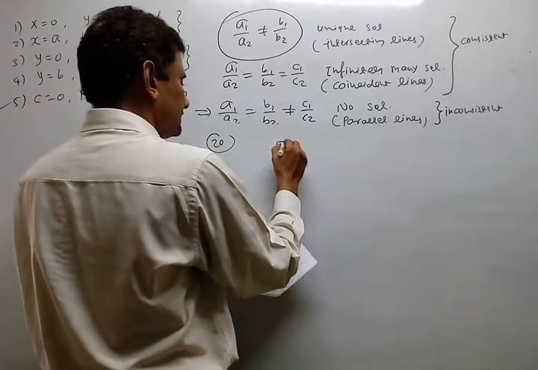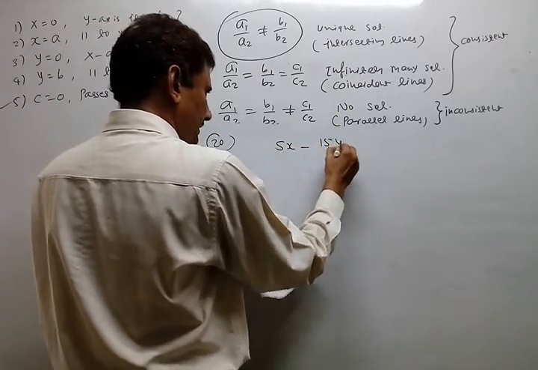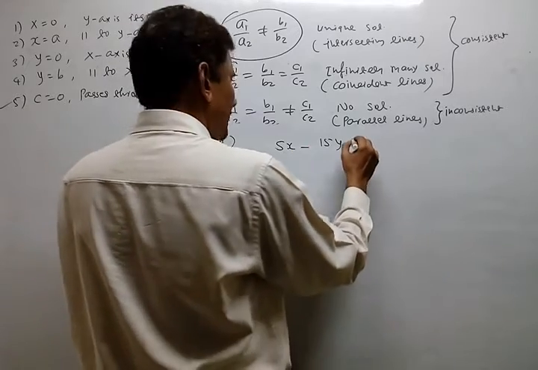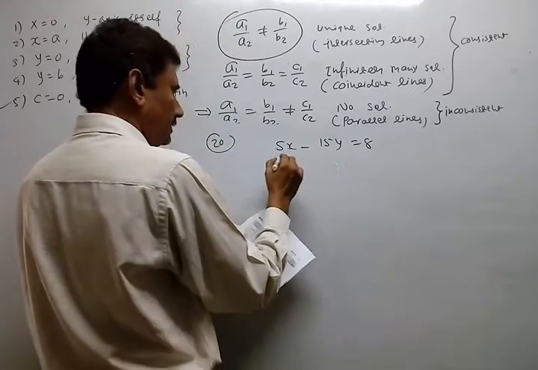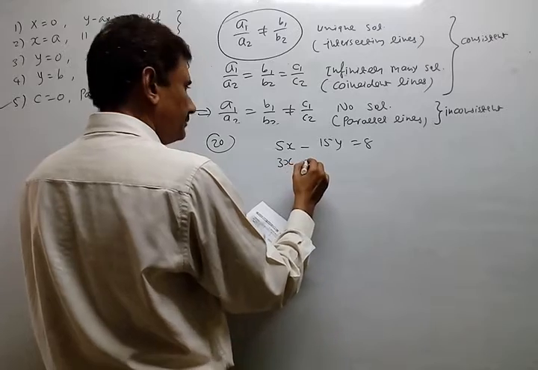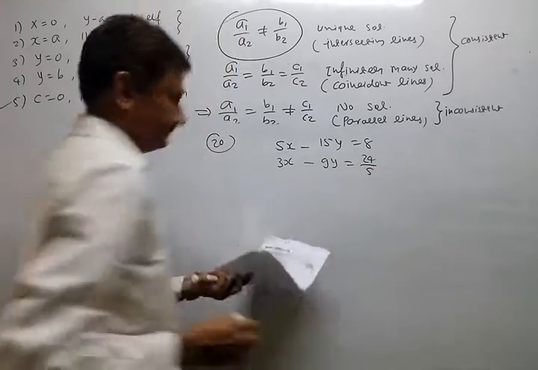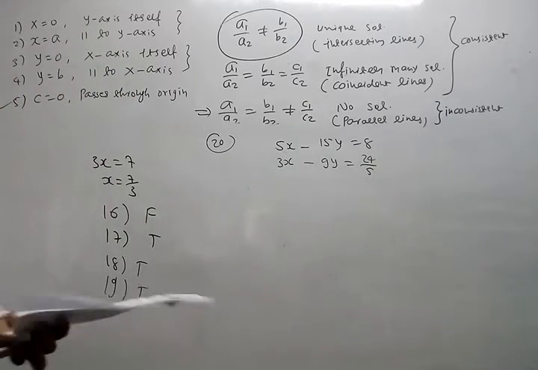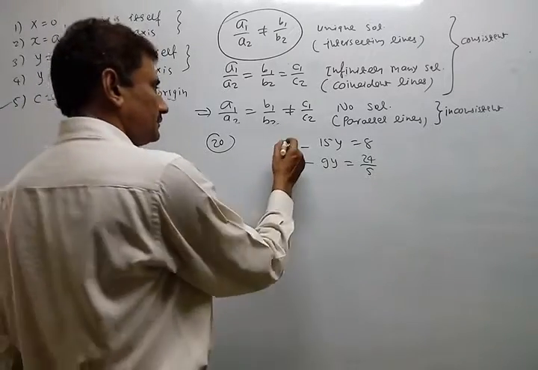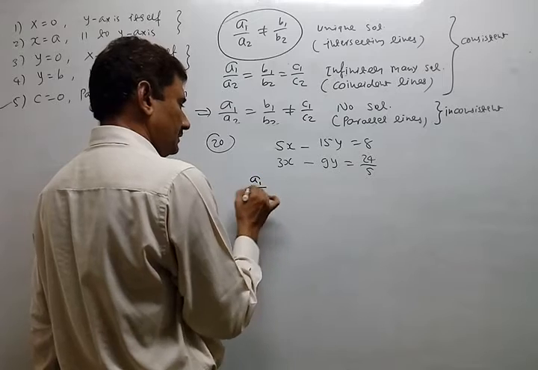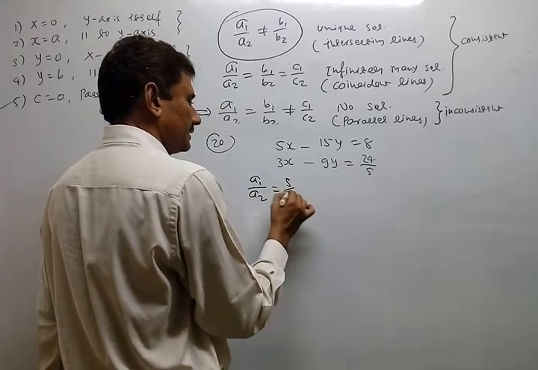Okay, 5x minus 15y equal to 8 and 3x minus 9y equal to 24 upon 5. So just find all three ratios. The first one is a1 upon a2, 5 by 3.